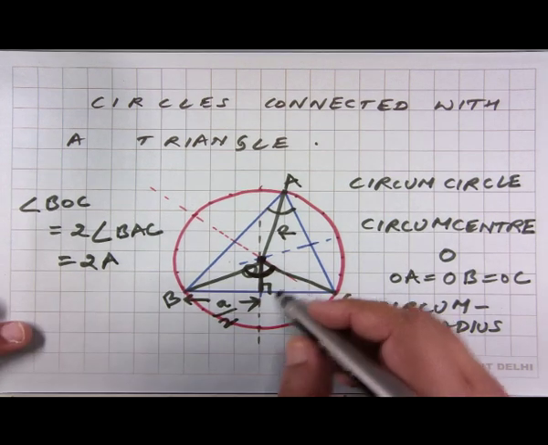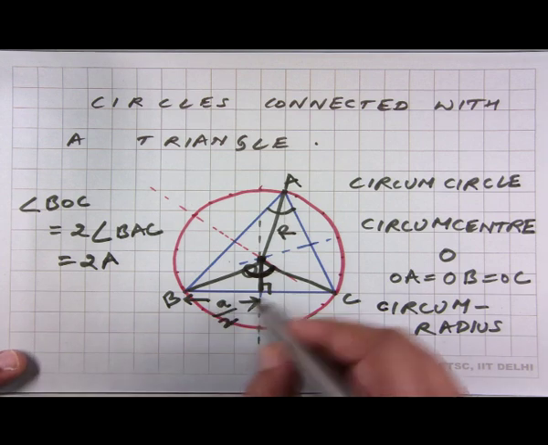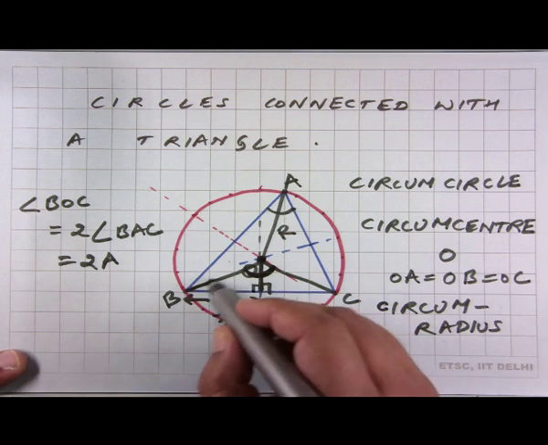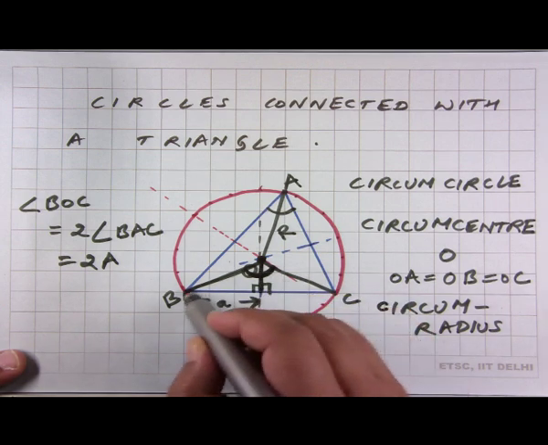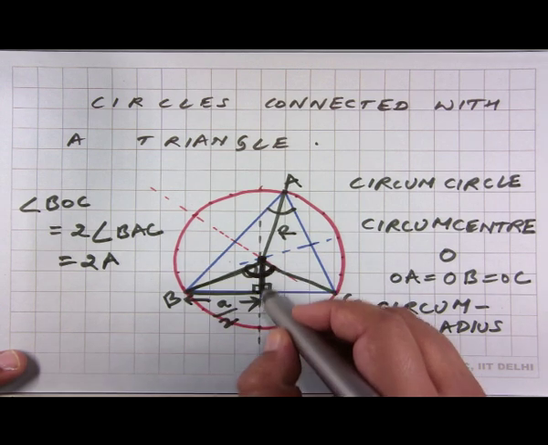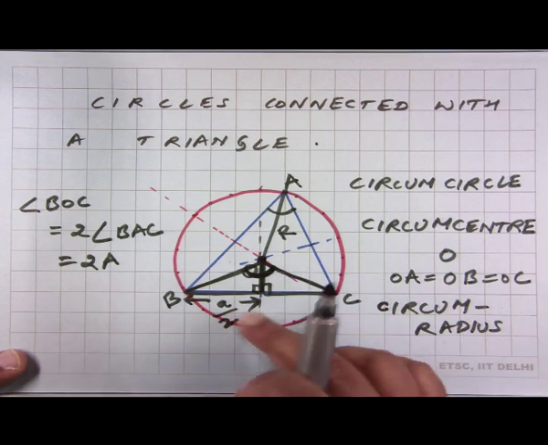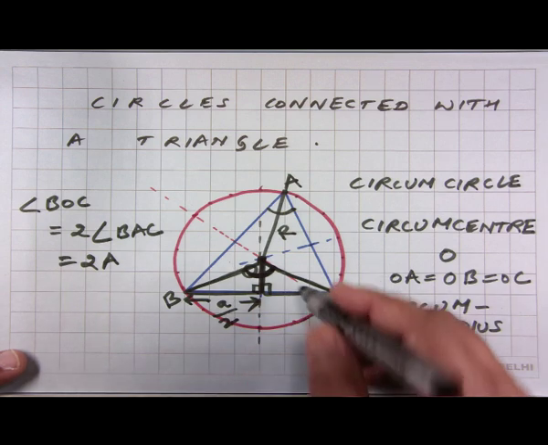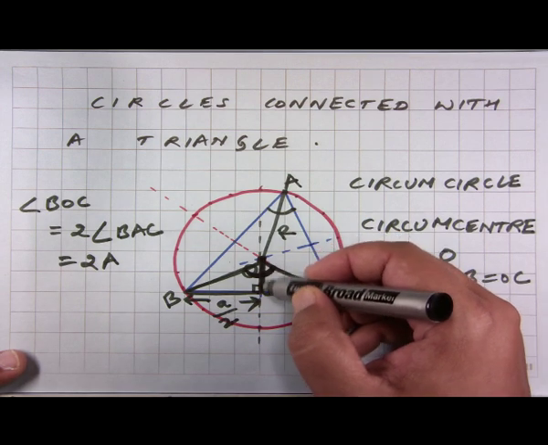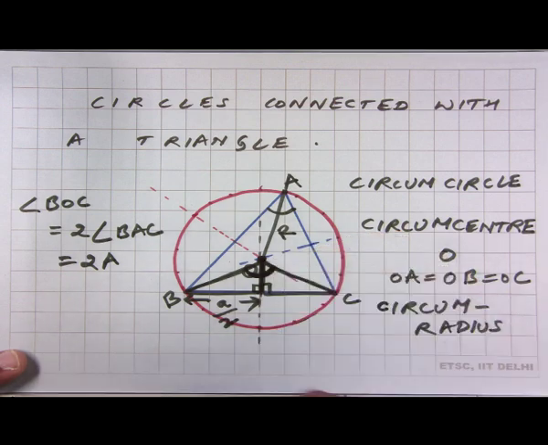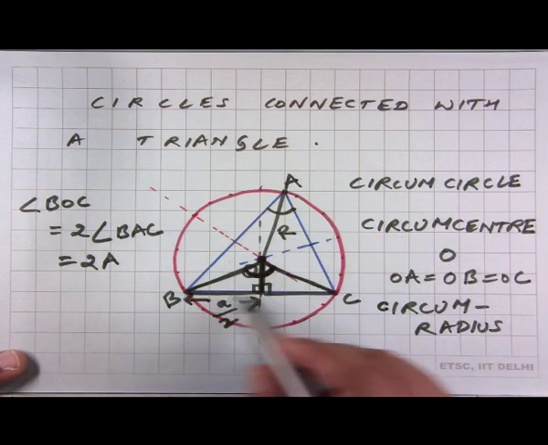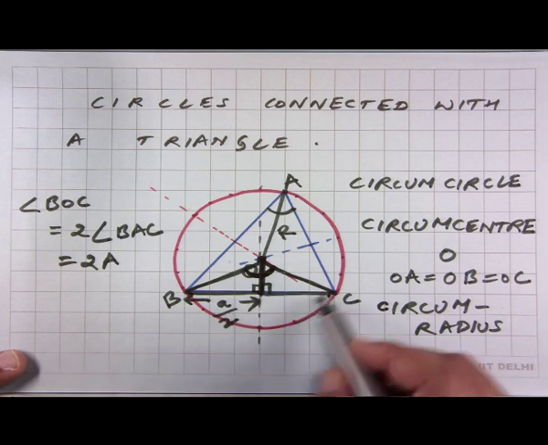And we further see that, now let us focus on these two right angle triangles. For both of these triangles, we see that they have a common side, and the length of this side is also a by 2 and this is also a by 2.